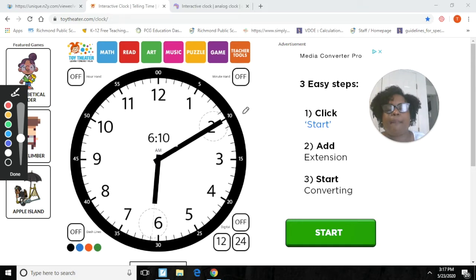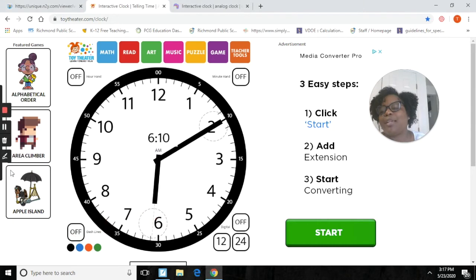6:10. Okay? Now, if you notice here, do you see how our hour hand is not all the way on the 6? It's right on the side of the 6. If this is the case, we are still on the 6 o'clock hour. Just because I have a runaway marker here, whoops, it'll go away.